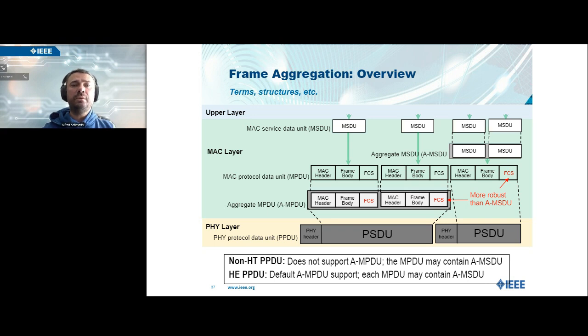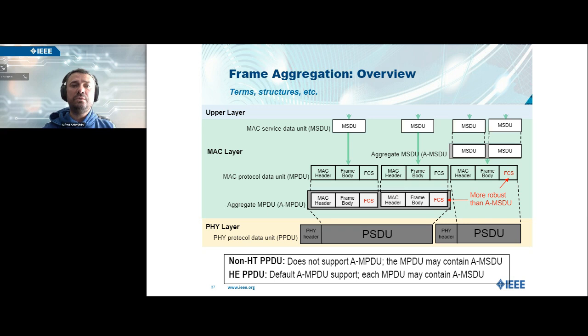All the payload that we receive from the upper layer, so think of the Ethernet packets, they are encapsulated, if you will, or represented as MSDUs from an 802.11 perspective, so they are called MAC service data units. These MAC service data units can be aggregated at the MAC layer at the MSDU level, in which case we call them aggregate MSDUs. And these aggregate MSDUs can be carried in the frame body of the MPDUs, the MAC protocol data units, or we can carry just the MSDU itself in the frame body.